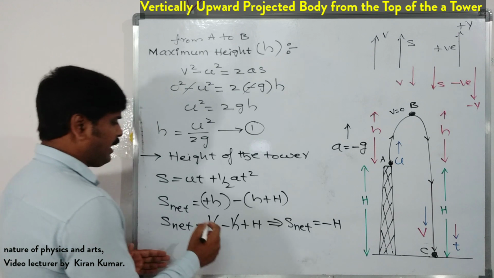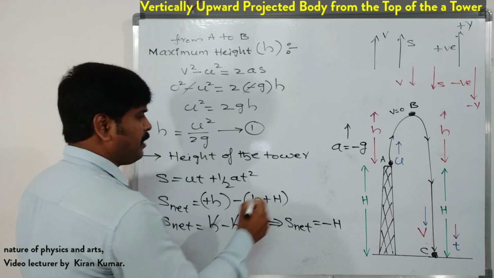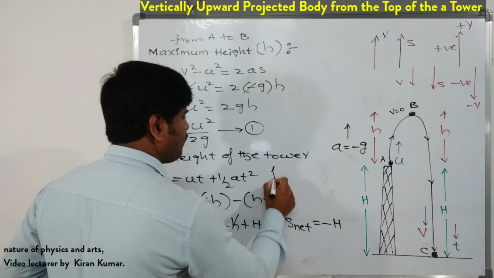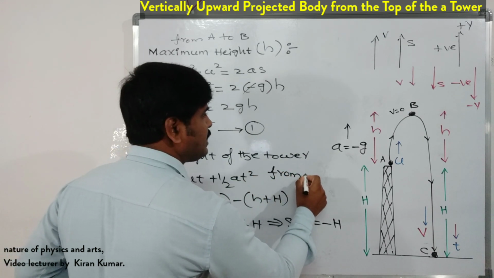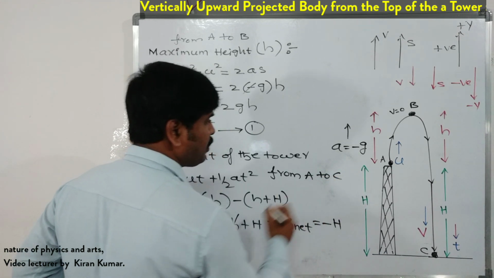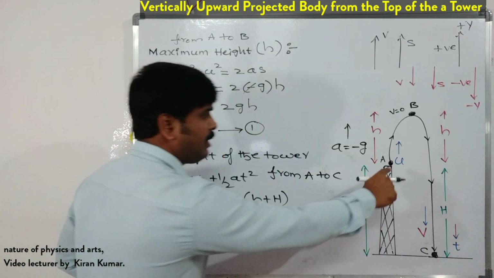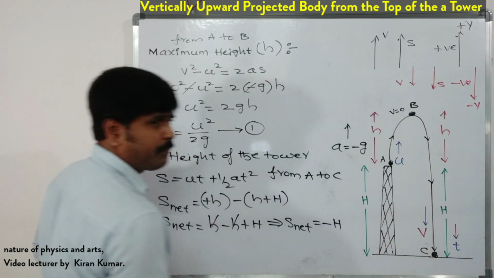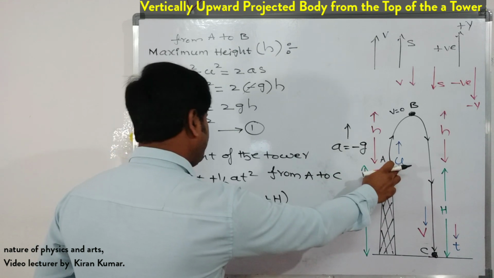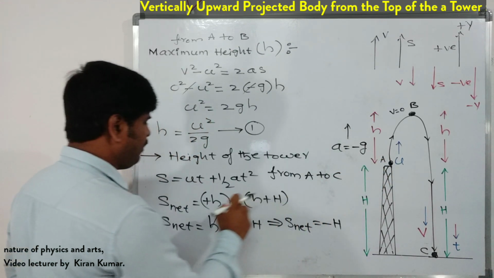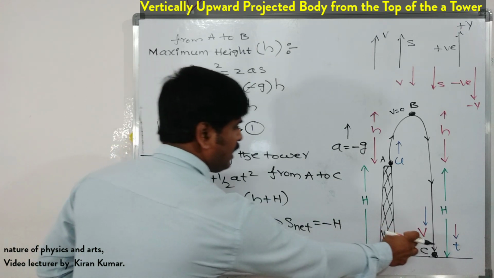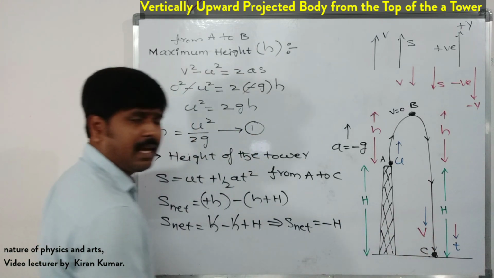So in the case of a vertically upward projected body, a is equal to minus g. Here we are considering from A position to C position completely. That's why the acceleration is equal to minus g, and u is the initial velocity we already know, and the final velocity at the bottom of the tower is v.